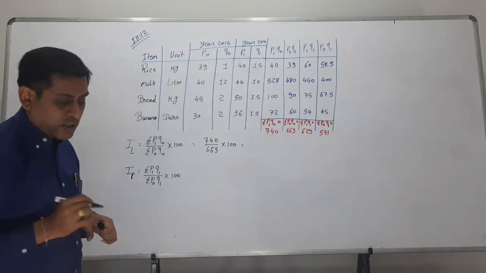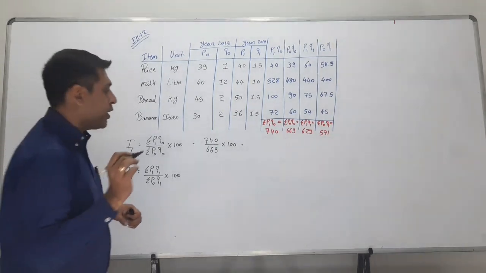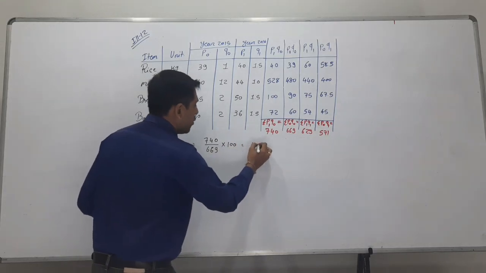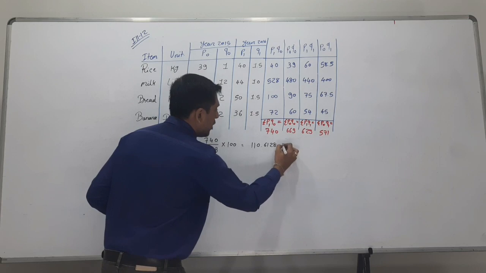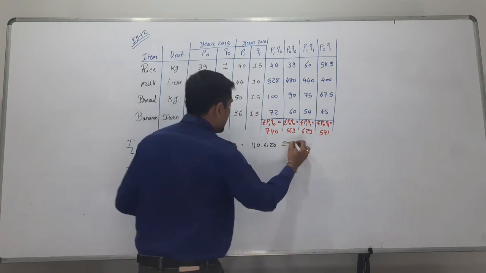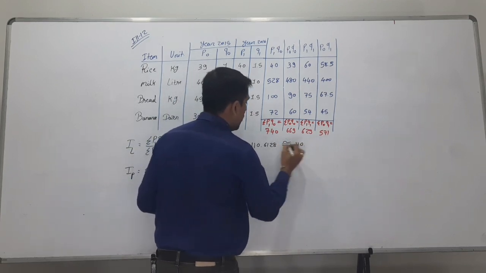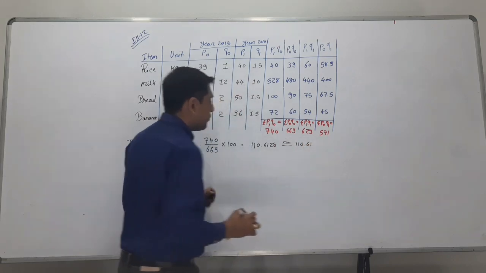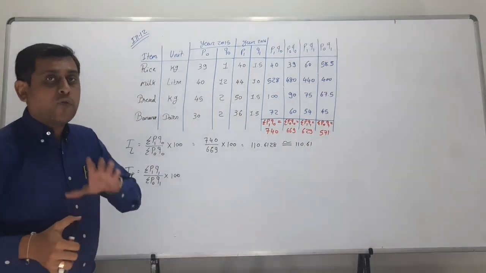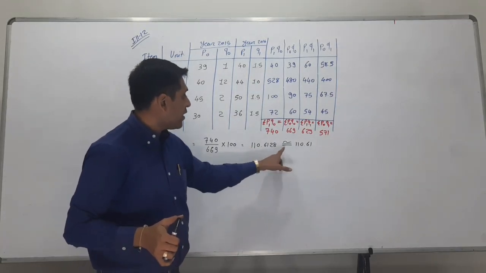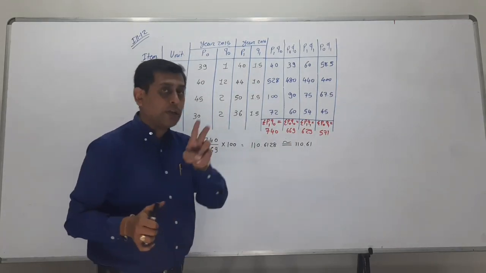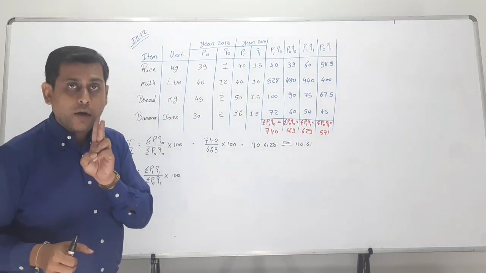The answer is 110.6128. So your exact or approximate answer is 110.61. First of all you have to write 4 to 5 digits in your answer, and then you have to write only 2 digits after the point in your exact answer.